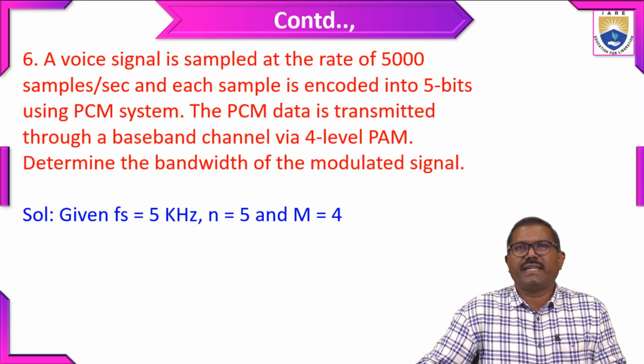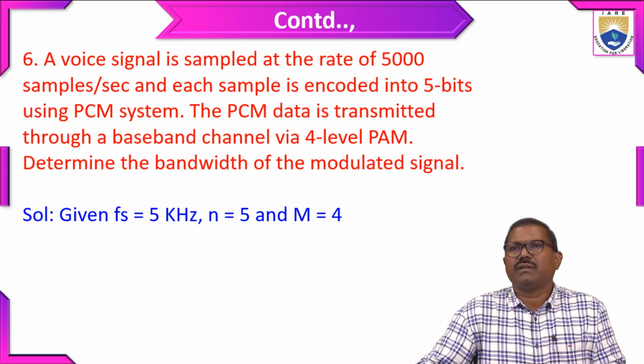Now the sixth one: a voice signal is sampled at the rate of 5,000 samples per second and each sample is encoded into 5 bits using a PCM system. The PCM data is transmitted through a baseband channel via 4-level pulse amplitude modulation.